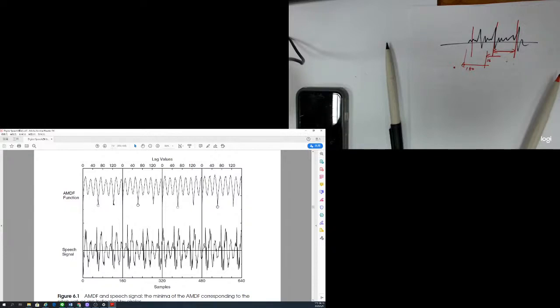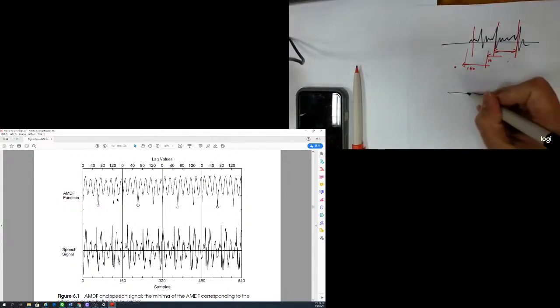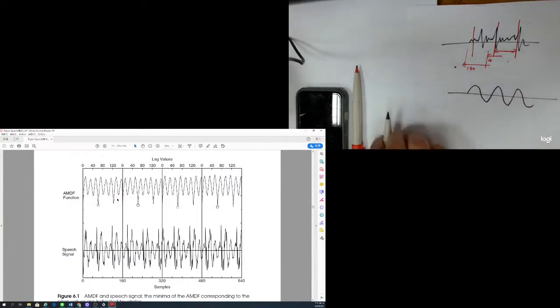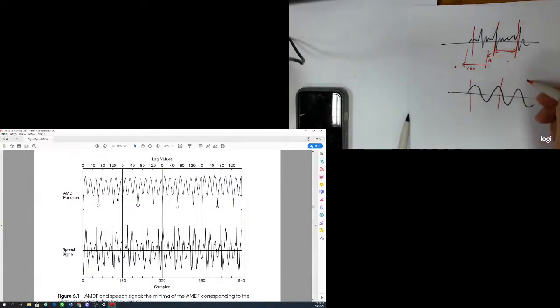However, sometimes there is another candidate, so you have to be careful. This one is our pitch, around 60. However, if you get 120, that is a double pitch. In the time domain, for example with a simple sine wave, when you move by T you get a best match, and when you move by 2T sometimes you also get a best match.